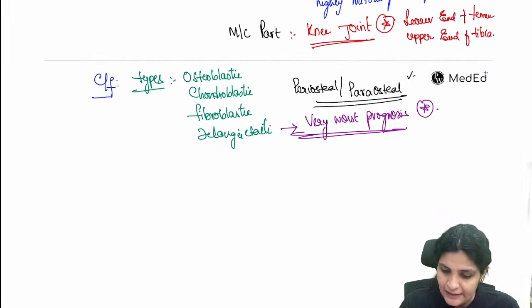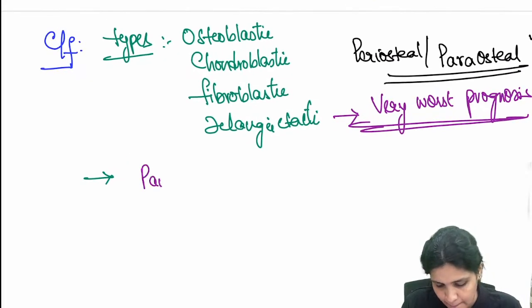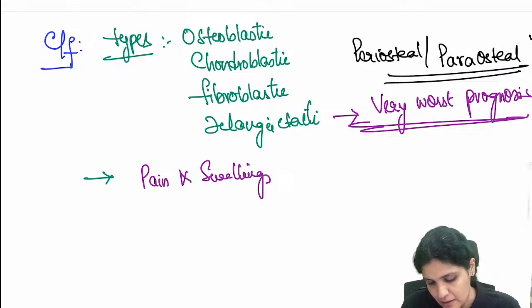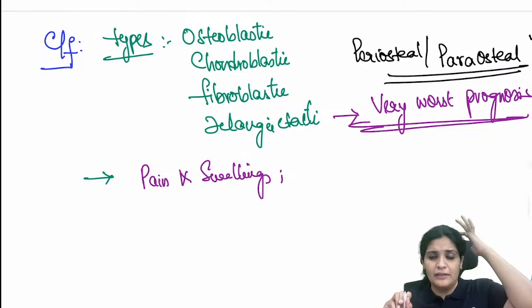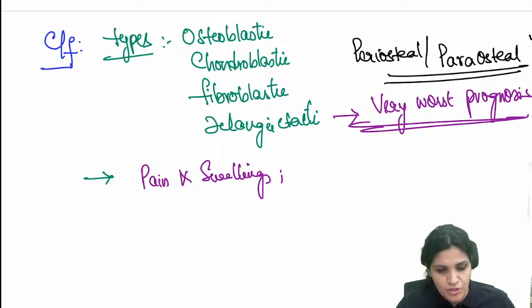And then these are the clinical signs and symptoms. Now the patient might present with pain and a swelling, right? No fever, nothing of that sort. Pain and swelling are usually there.